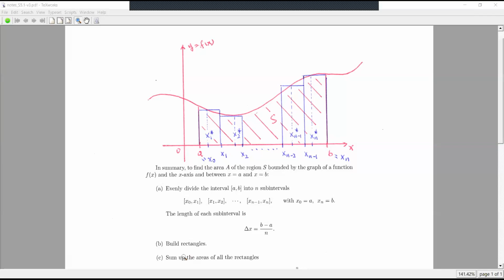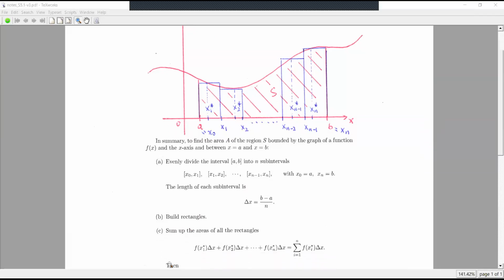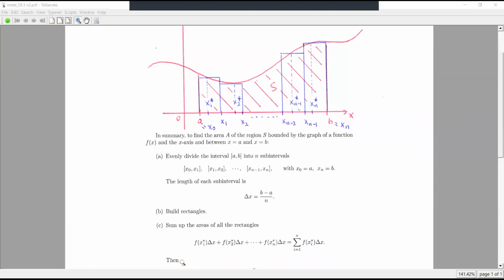Now, step 3. Compute the areas of the rectangles. Say the first rectangle's area is base times height. The base is the length of the subinterval, b minus a divided by n, or delta x.